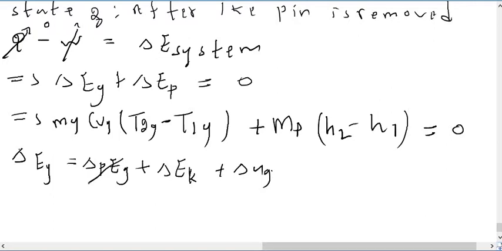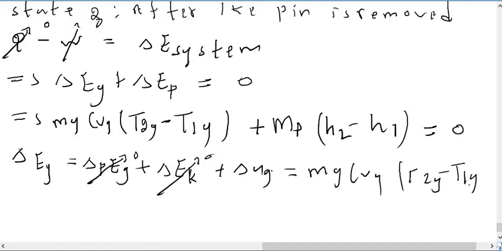So no potential energy, no kinetic energy, we have only internal energy, which is equal to the mass of gas Cv into T2 minus T1. So that is what I get here.